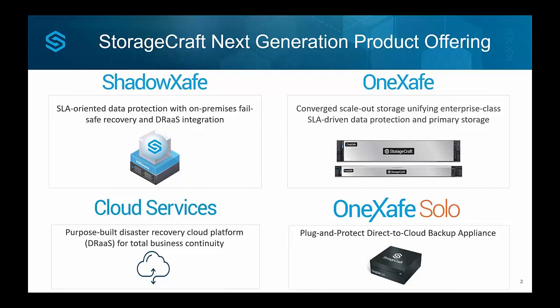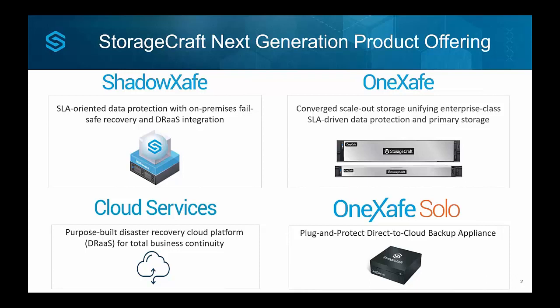When we talk about the OneXafe hardware, up the top right here, this is a completely standalone scale-out NAS product. So this is a great target for ShadowXafe backups. It can be a target for Shadow Protect backups. It can be a target for any backup product. It's a NAS. It can also be a file server, so we can integrate this into Active Directory.